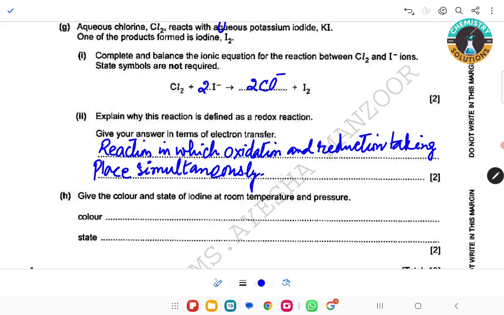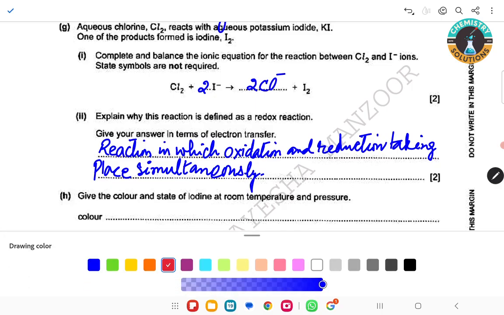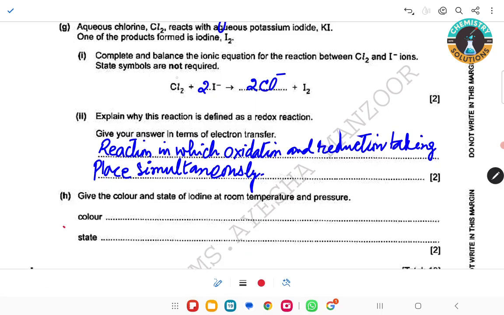So remember one thing, we can describe this part in two ways. Chlorine has oxidation state 0, but if we are talking about electron transfer, the minus charge shows that the chlorine molecule has gained one electron. So the chlorine atom is going to get one electron.